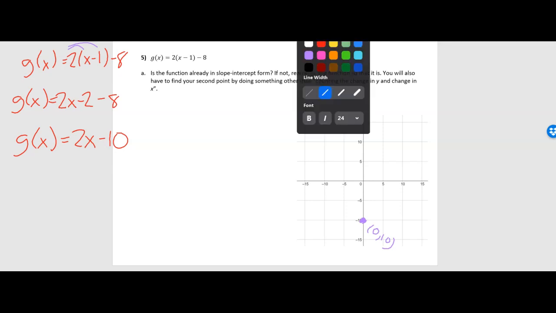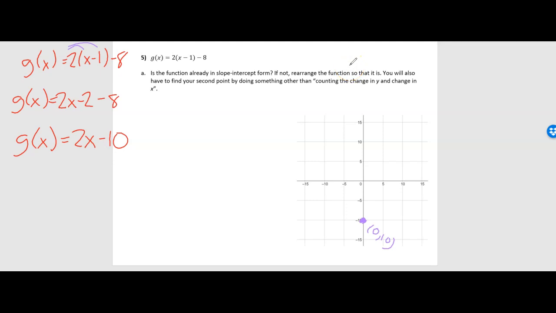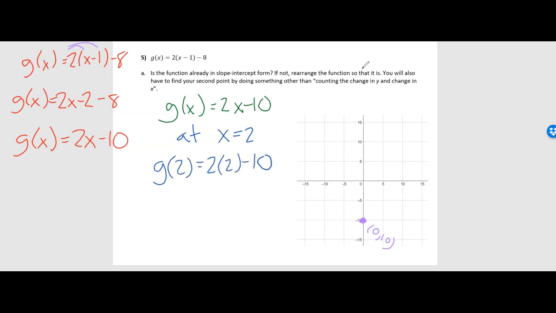We're going to do what we did above. I'm just going to choose an input. Okay, so I'm going to start with my original. And I'm going to choose x is equal to 2. So I get g of 2 is equal to 2 times 2 minus 10.